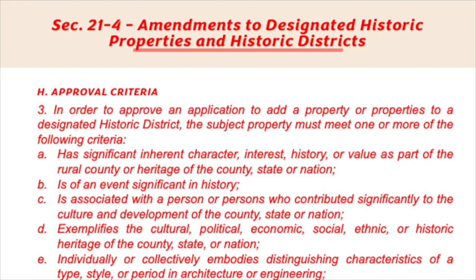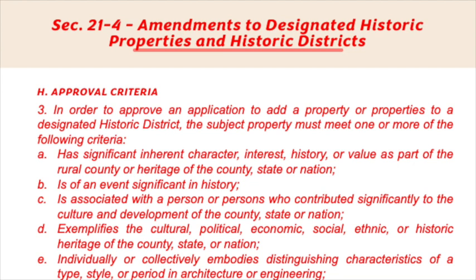A. Has significant inherent character, interest, history, or value as part of the rural county or heritage of the county, state, or nation. B. Is the site of an event significant in history. C. Is associated with a person or persons who contributed significantly to the culture and development of the county, state, or nation. D. Exemplifies the cultural, political, economic, social, ethnic, or historic heritage of the county, state, or nation.